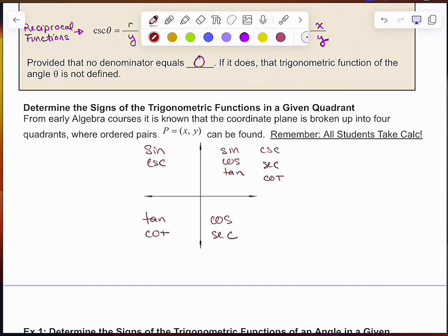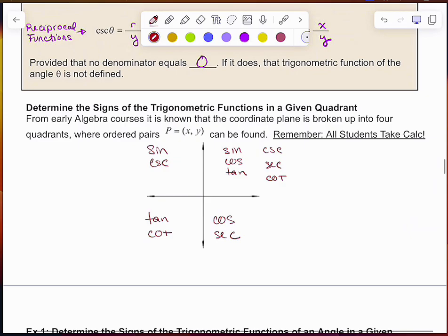And then check yourself, see how you did. So we're going to be referencing that to make sure that we've got correct values for our sine, cosine, tangent. Okay?